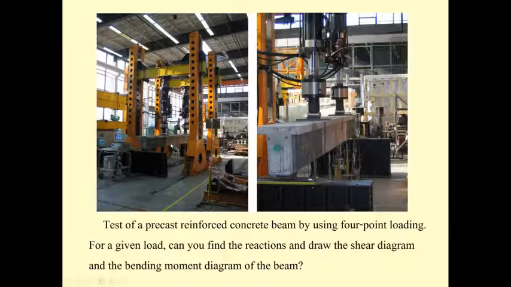The beam is tested in a full-scale testing frame, and the beam lies horizontally and is supported by a pin and a roller. Since the hydraulic actuator puts forces onto the beam at 2 points with equal magnitude, we can determine the reactions on the beam easily.